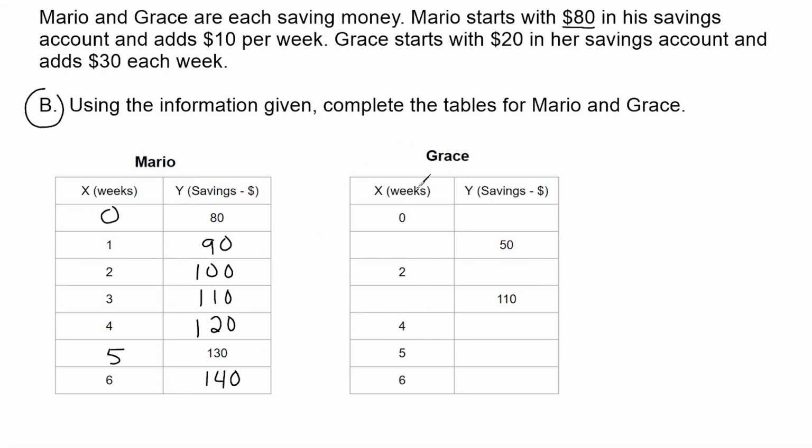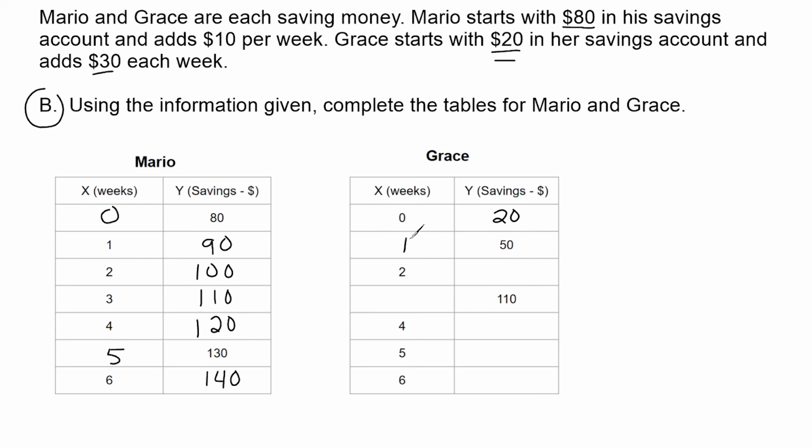And for Grace, at 0 weeks, she already has $20 in her savings account. So Grace is starting out with 20. Now, because the next number is 50, that means that there's an increase of $30. And it does say that Grace is adding $30 each week. So that means this must be 1 week later.